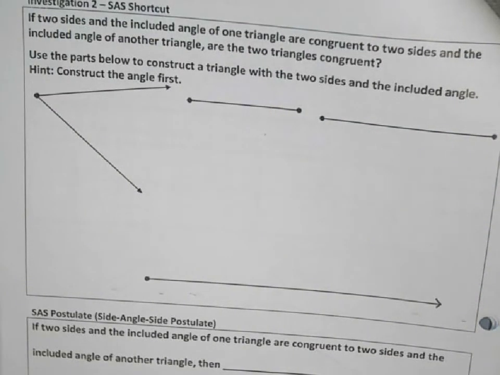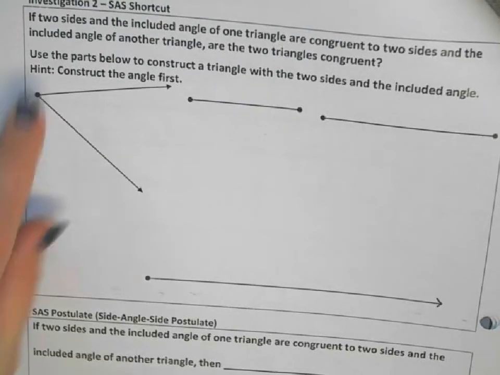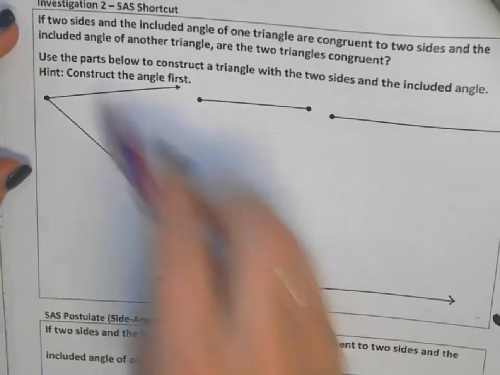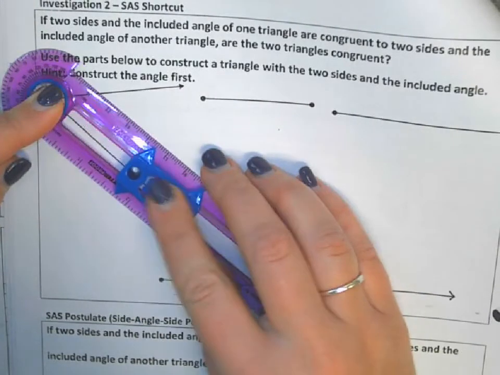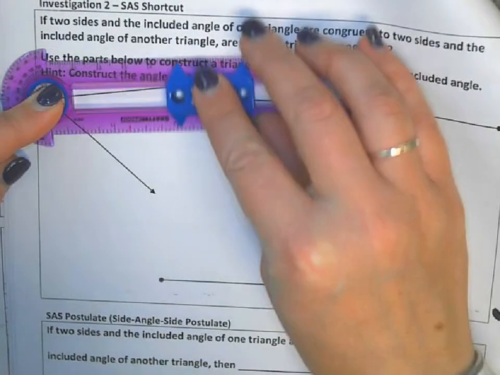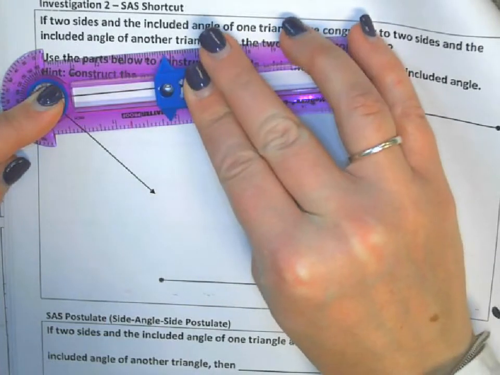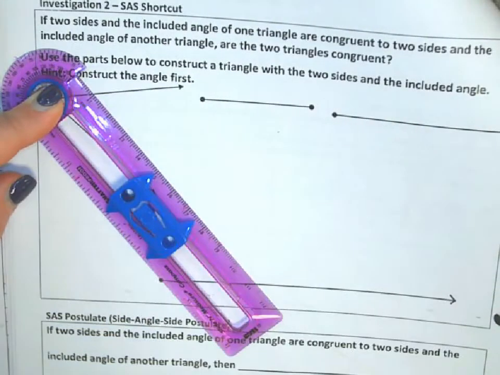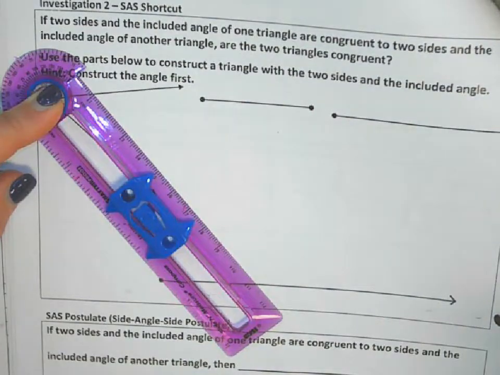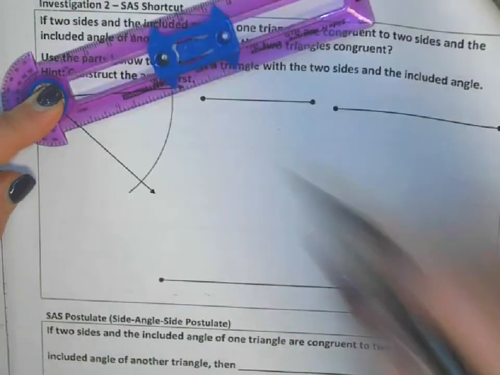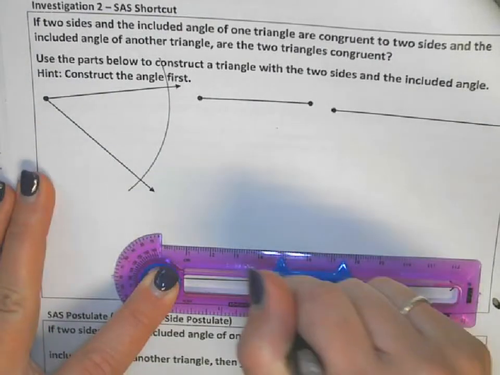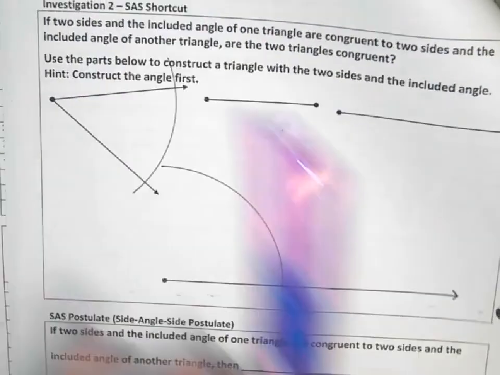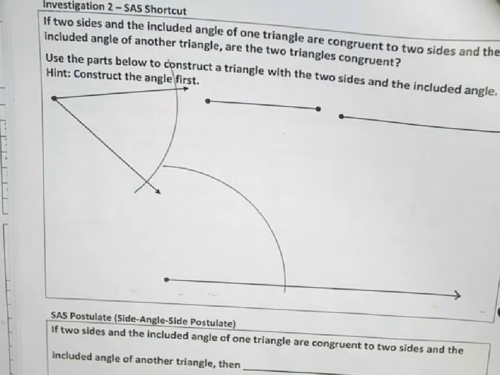From that ray, what we are going to do is we're going to copy this angle onto that ray. So you're going to put your point on the point of the angle. Remember, you want to open up your arc as big as you can while still staying on your paper. Copy that arc down there.